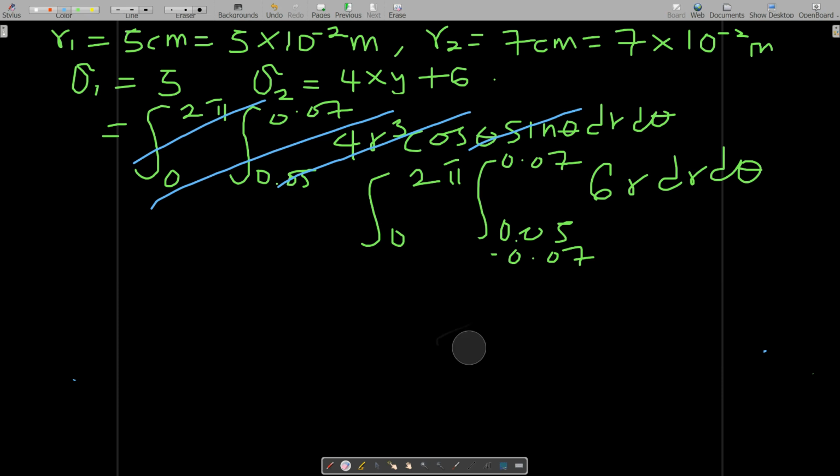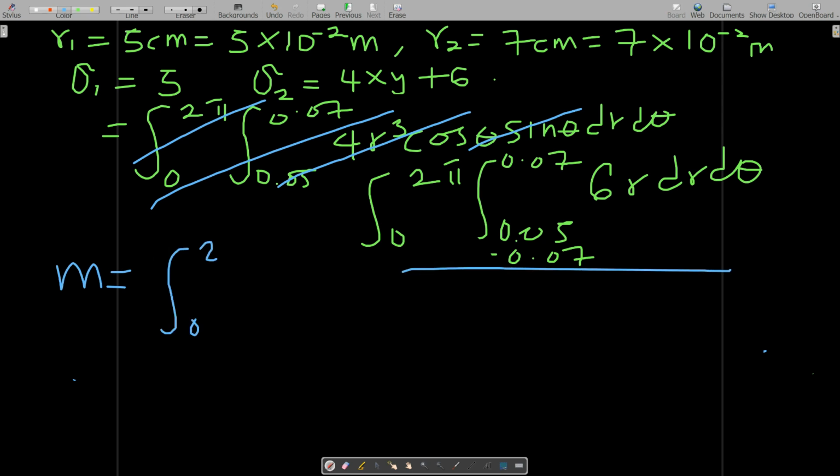So the whole of the mass, since it's a circular something, if you remember in our first example, you solved some circular disk and you had 0, 0 for the center of mass. So this is obvious. The mass will be centered at this part. So we have the integral from 0 to 2 pi, then the integral from 0.05 to 0.07.